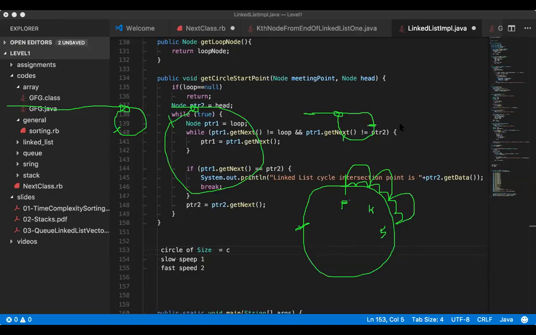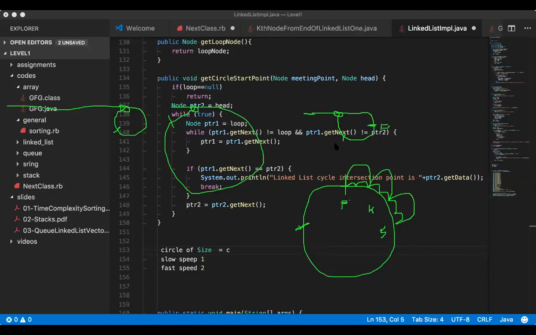Assume that when the slower pointer reached the starting of the circle, our faster pointer would be somewhere here, which we can say is the slower pointer had a lead of this much. Either we can say the faster pointer had a lead of this much, or the slower pointer had a lead of this much. Can we say that?